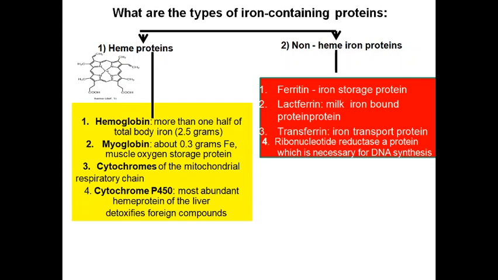Ferritin is the storage form of iron inside the cells. Transferrin is a protein which carries iron in plasma. So iron cannot be present in free form. It has to be present with proteins, either in the heme form or as such as iron.